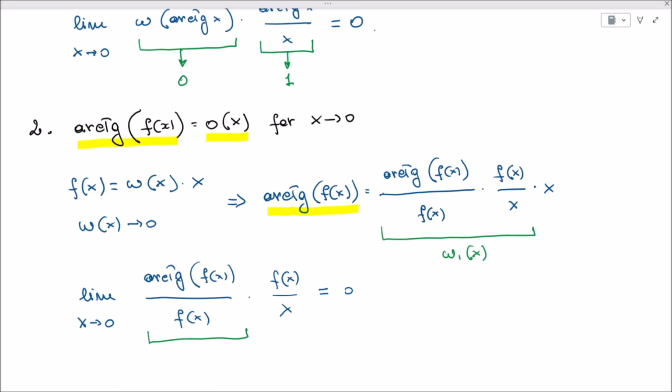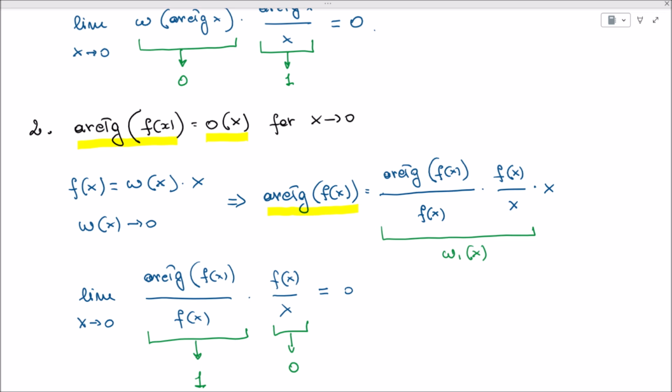When x goes to 0, we know that f of x goes to 0. So this is again another example of the fundamental limit, and this will tend to 1. Not only this, we know that f of x is little o of x, so this clearly will tend to 0, which proves that the limit of omega 1 of x is indeed equal to 0. So we have also this other part proved.